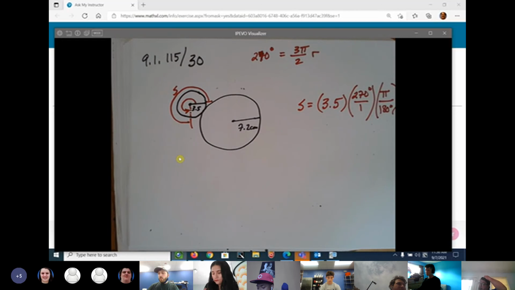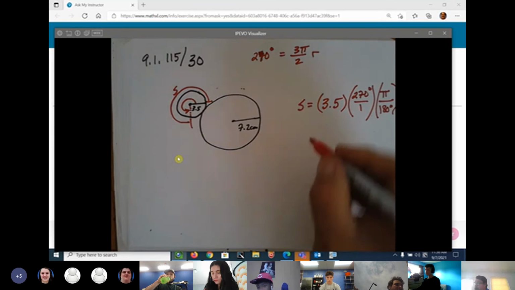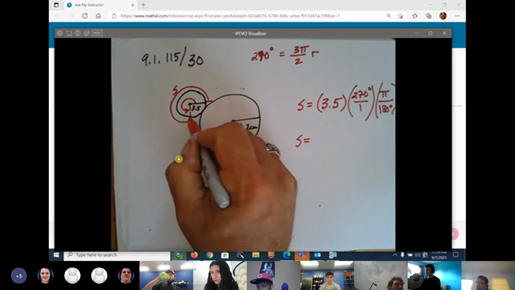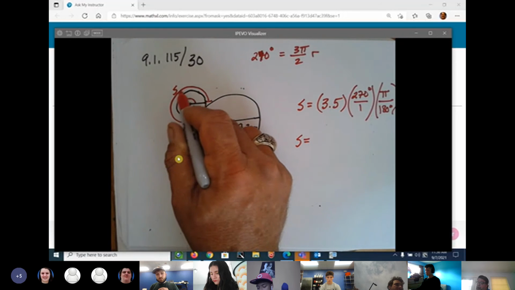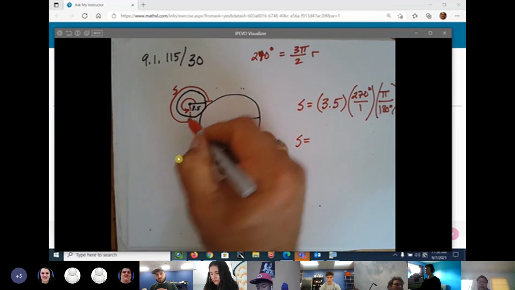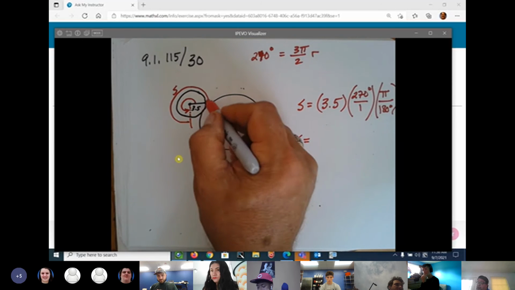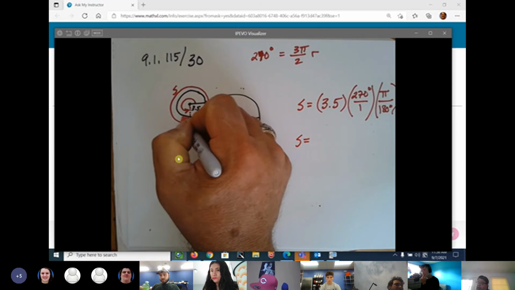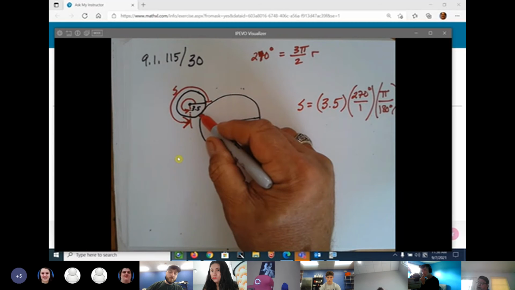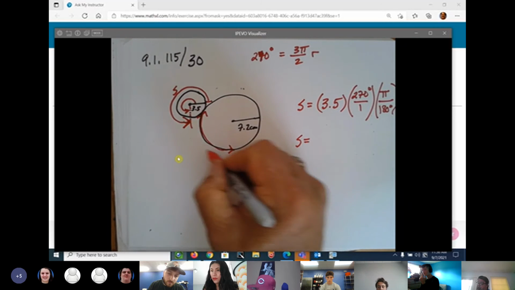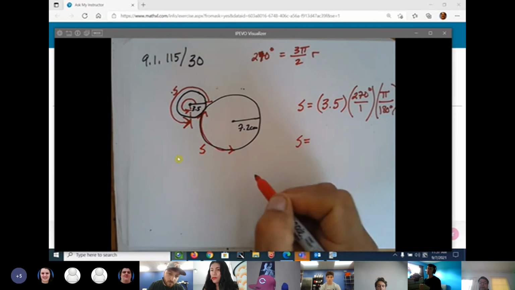And that's going to come out to be a distance. Now if this gear rolls S amount, then what does this gear do? If this turns this way, then this way is going to be the same as this right here, right?